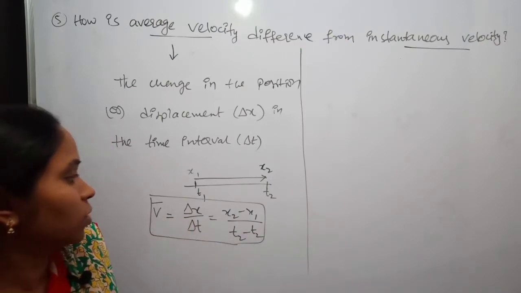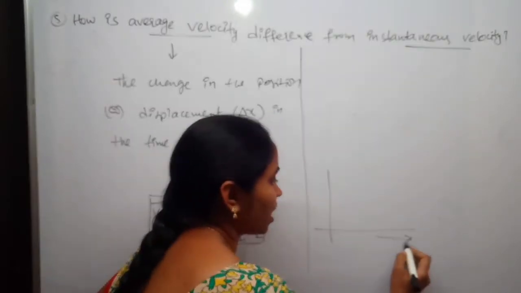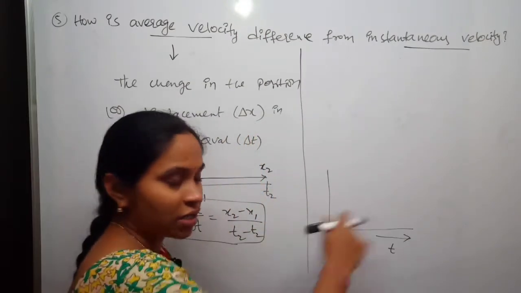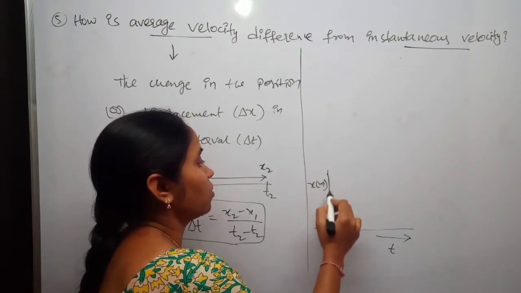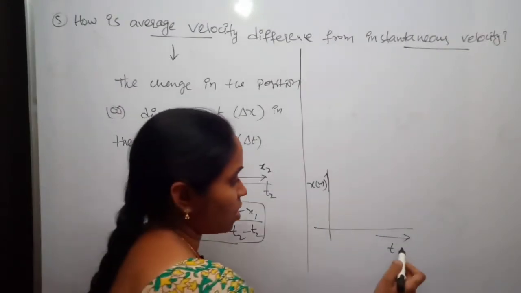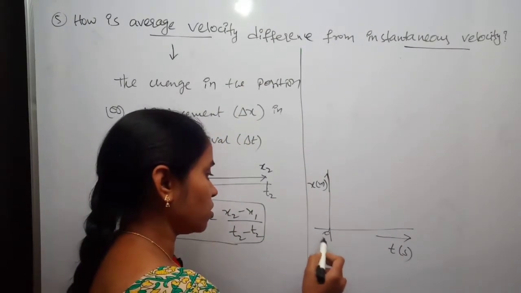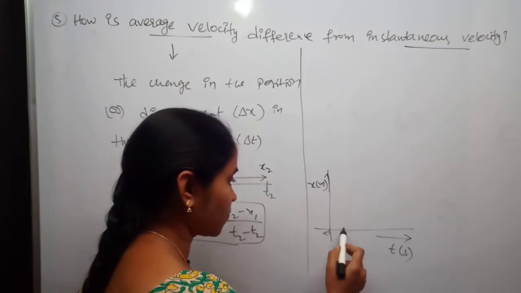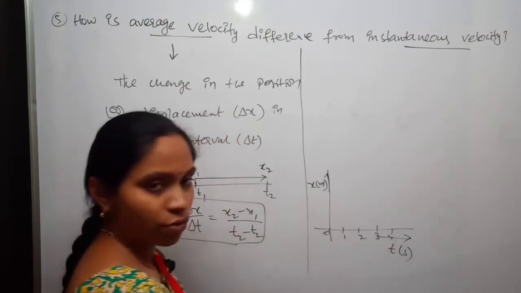And if you want to represent it graphically, I am taking the time along x-axis and displacement in meters along y-axis. I am taking time in seconds. This is the origin and the time is 0 seconds, 1 second, 2 seconds, 3 seconds, 4 seconds, and so on.